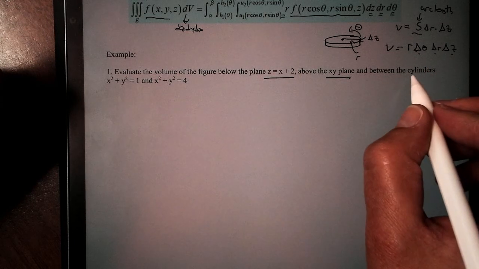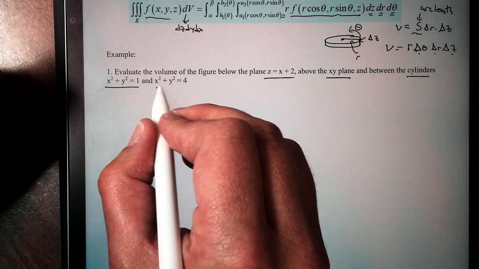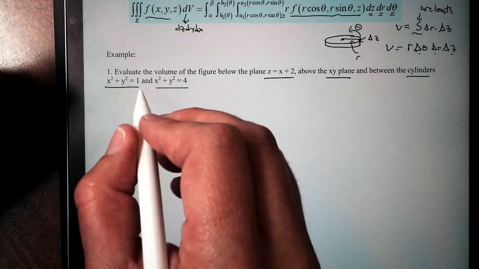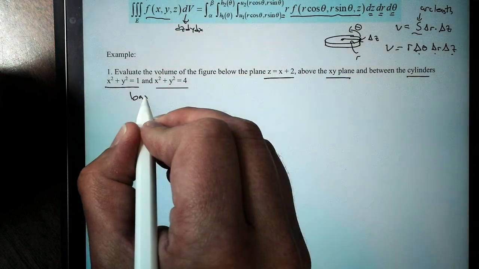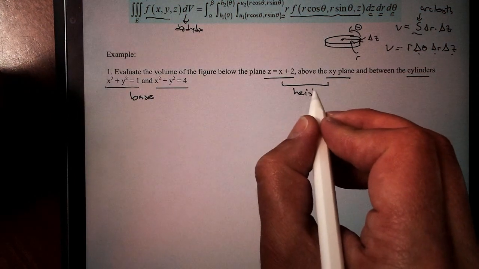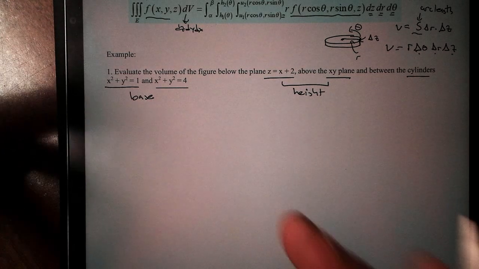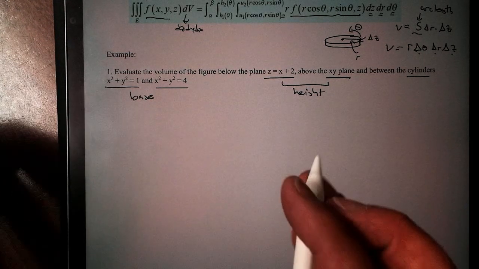And we're going to be between the cylinders x squared plus y squared is 1, and x squared plus y squared is 4. So they're giving us here the base, and over here, they're giving us the height. So I have my base, I have my height. Multiply those together, we get our volume, and that's what we're going to be looking at here.